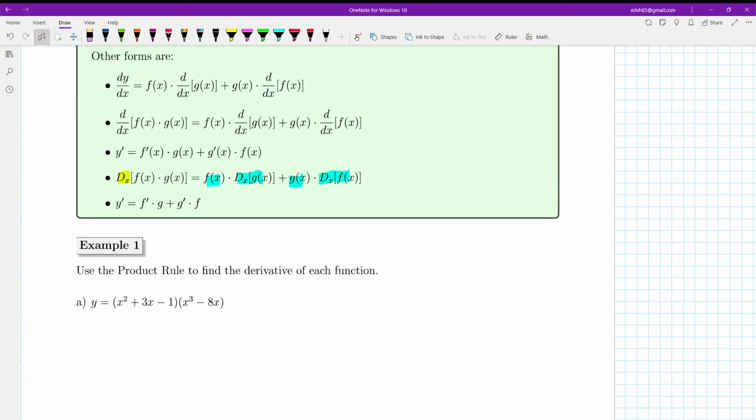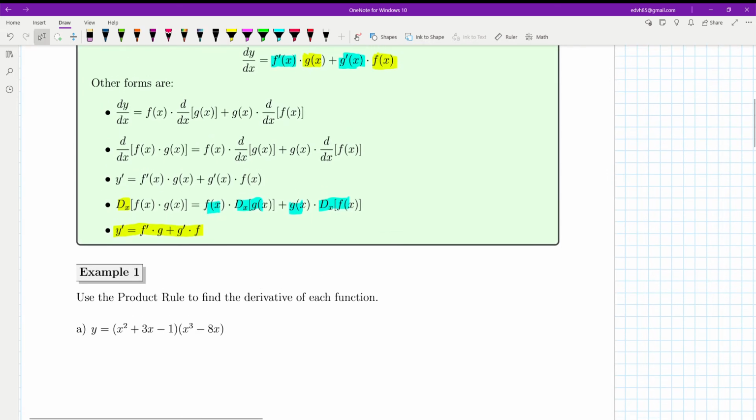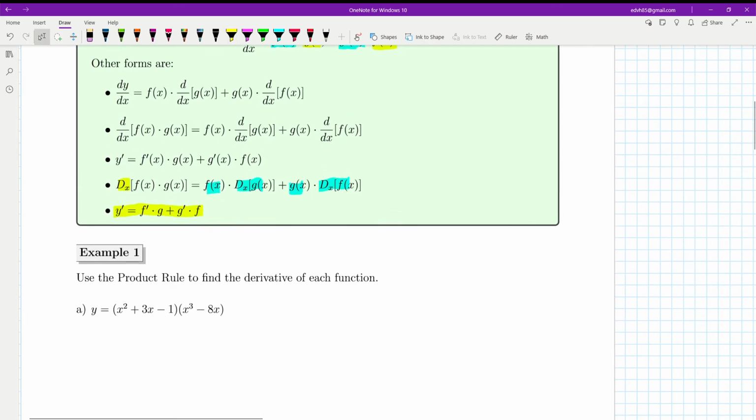In the future, when we get more used to finding derivatives, I will just go with this version, f prime g plus g prime f. But in the meantime, since this is the first time that we are looking at this kind of derivative, we're going to use one of the original forms.